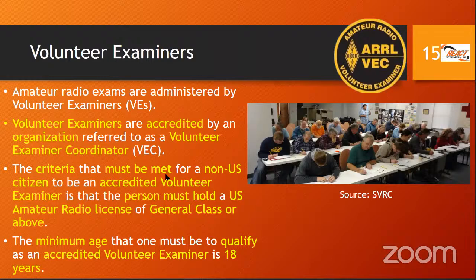So you can be a non-US citizen, and there are many in Trinidad and Tobago, you can be a VE, and be accredited by a VEC, but to do so, you must hold an FCC license of general class or above, meaning general class, advanced class, or extra class. Also, to become a volunteer examiner, you must be over the age of 18. Minimum age, 18 years. So again, all of these are exam questions.